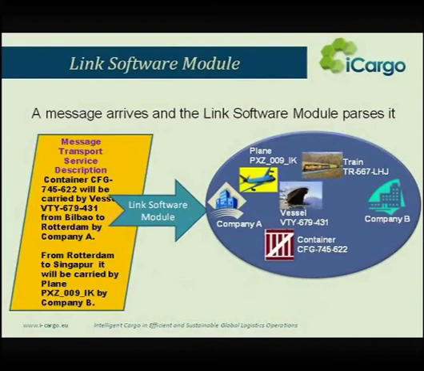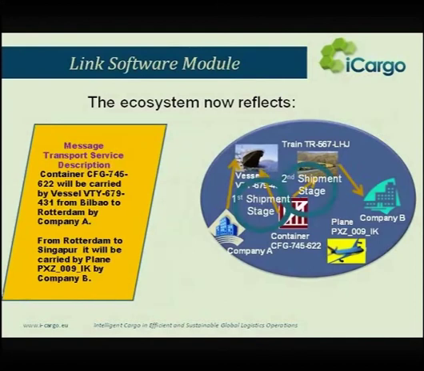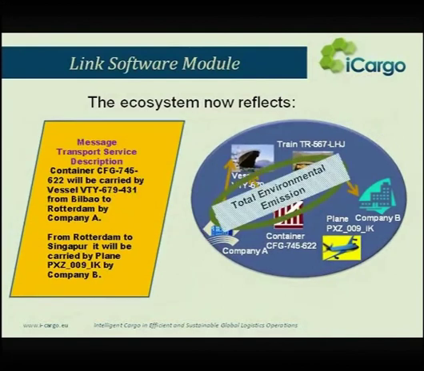The link software modules treat it, modifying the common ontology, resulting in the disconnected entities now being connected. The different shipment stages are established, and the total environmental emission is calculated.